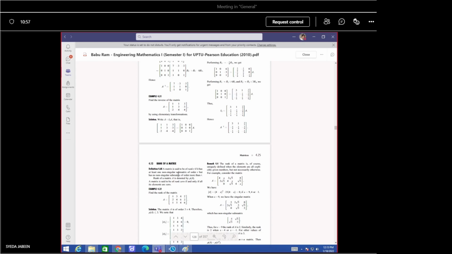What is the meaning of non-singular matrix? Whose determinant is not equal to 0. Yes.